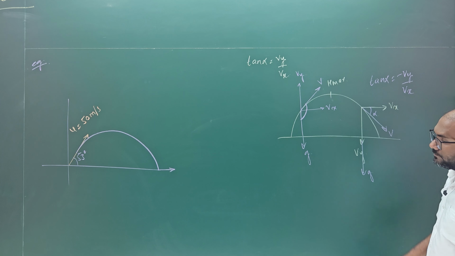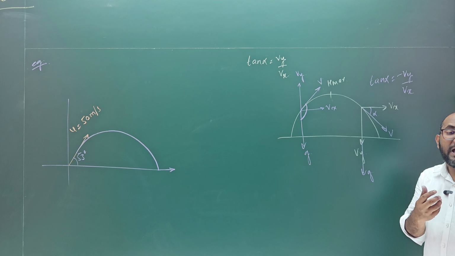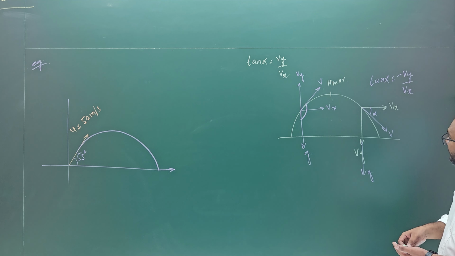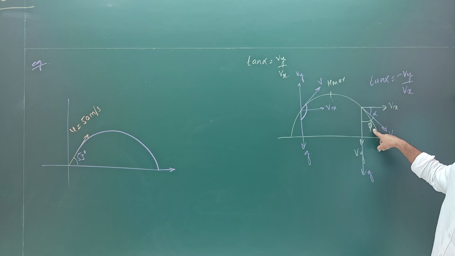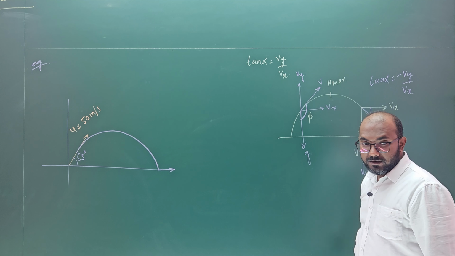Yes or no? So be careful what angle they have provided. Let's say this angle is called phi. So phi here is smaller than 90 degree. Phi here is greater than 90 degree.